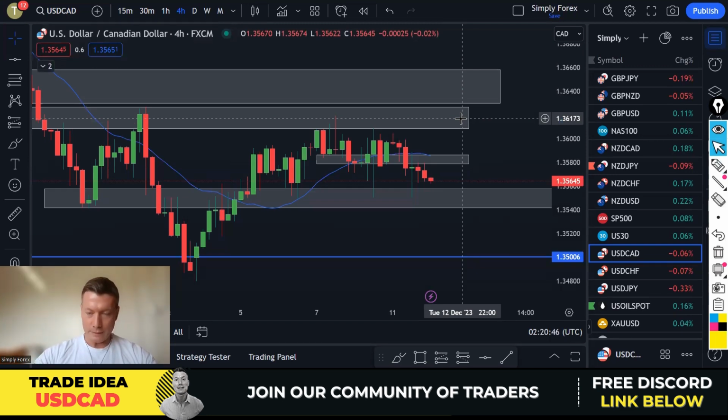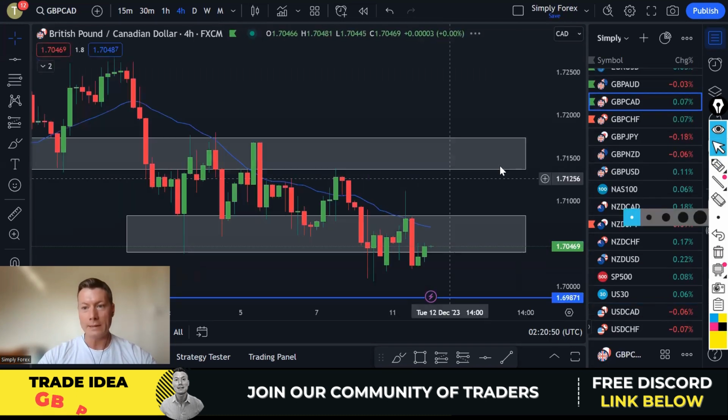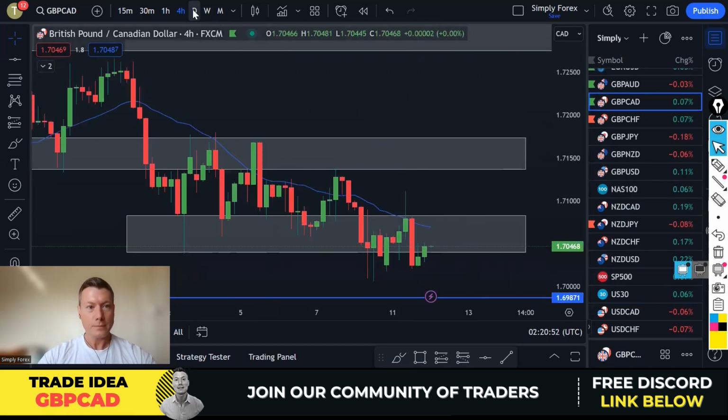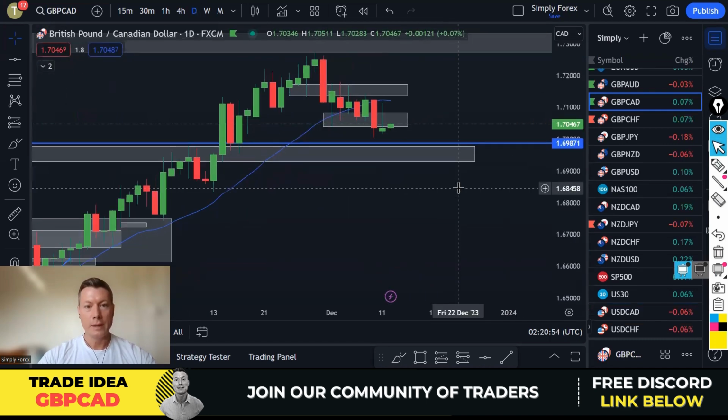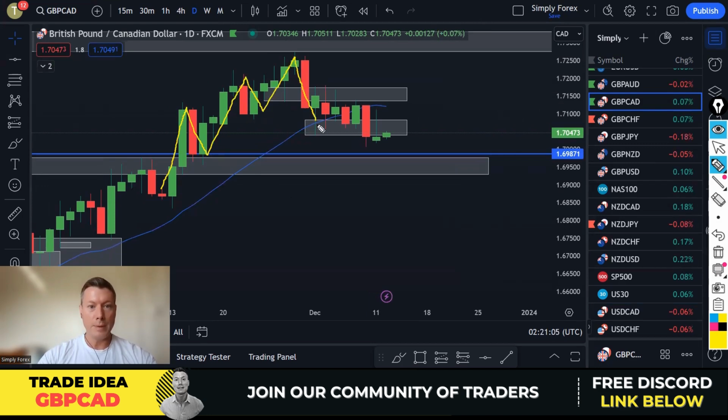What are my next trade ideas? I'm also seeing a little bit of pound weakness across a couple of pairs. We start with the day chart. This is pound Canadian dollar, and this was a trade idea from yesterday, and not much has changed. We were in an uptrend. Price came back down. We had this consolidation, and then bang, this candle was the catalyst for us to start selling.